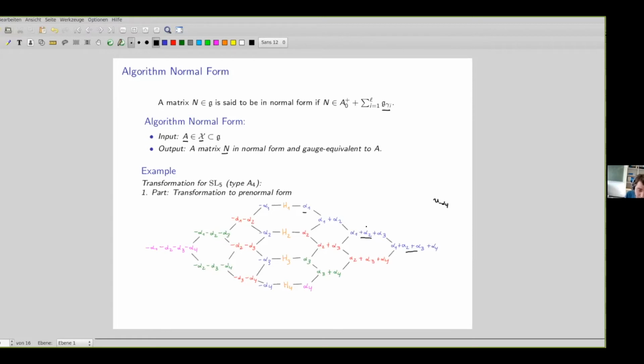It's a linear algebraic equation, so not a differential relation, and we can solve this equation and delete this component. So this component will become 0. All right. The next step is to gauge transform with a Weyl group element corresponding to the simple reflection alpha 4. This Weyl group element does the following: it swaps these two over. So this here is now non-zero, and this root over here becomes 0.